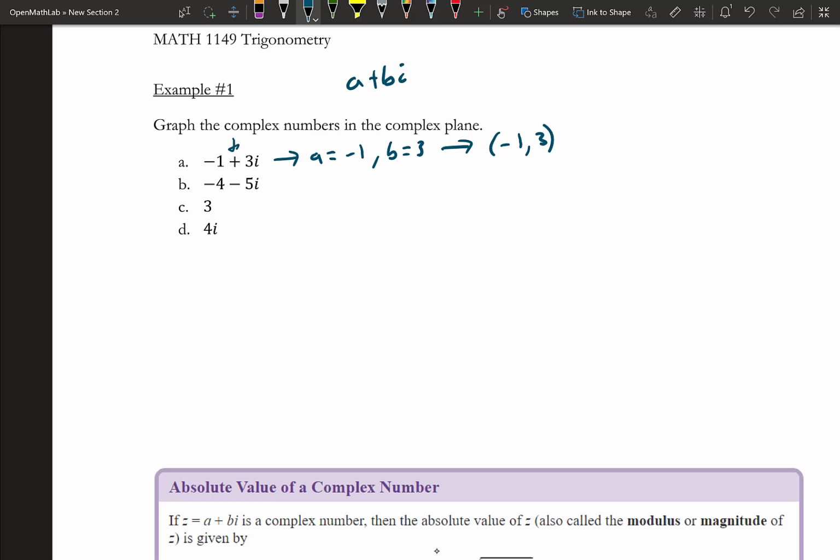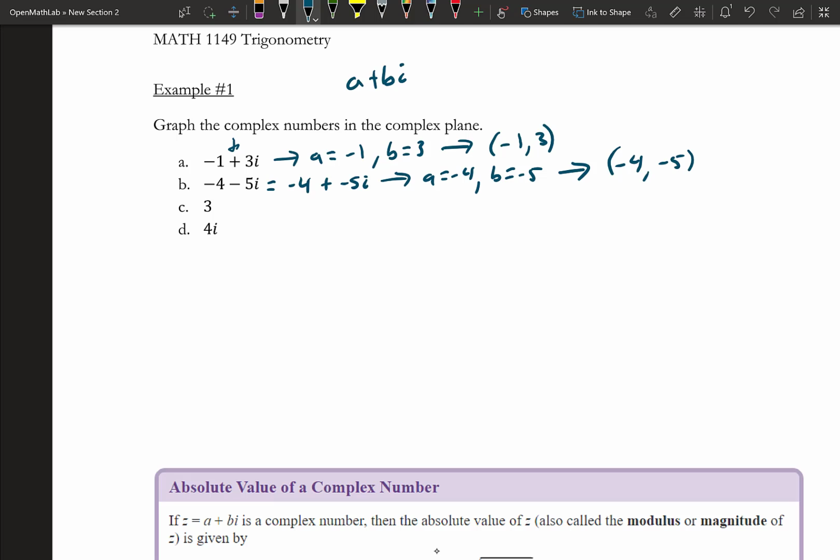This is the same thing as -4 plus -5i. So this tells me that a equals -4 and b equals -5. So that gets mapped to the ordered pair -4 comma -5.